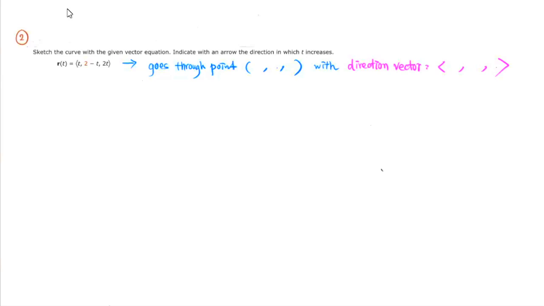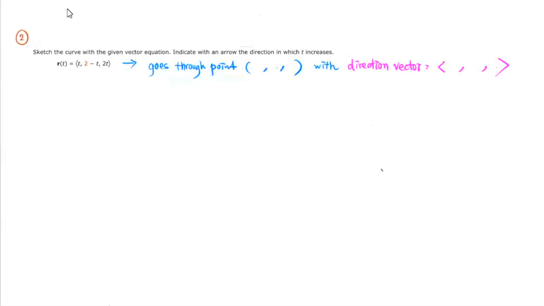X naught plus at, yes, at. Then the y is y naught plus bt, and then z naught plus ct, where a, b, c here are the components for the vector.